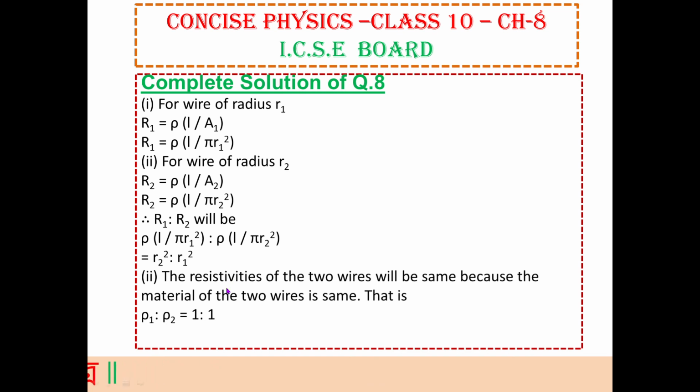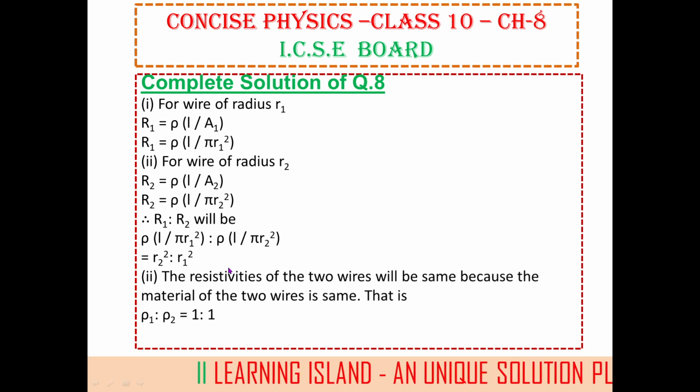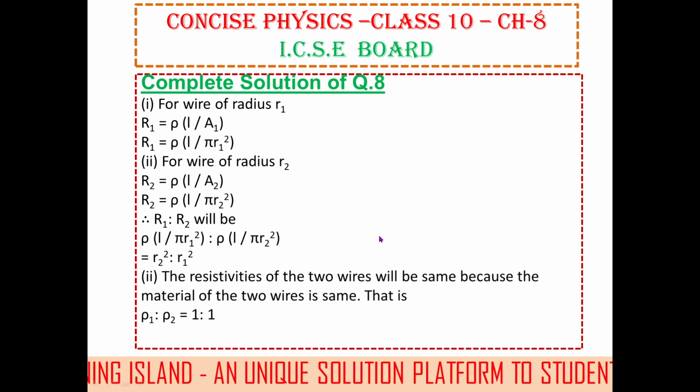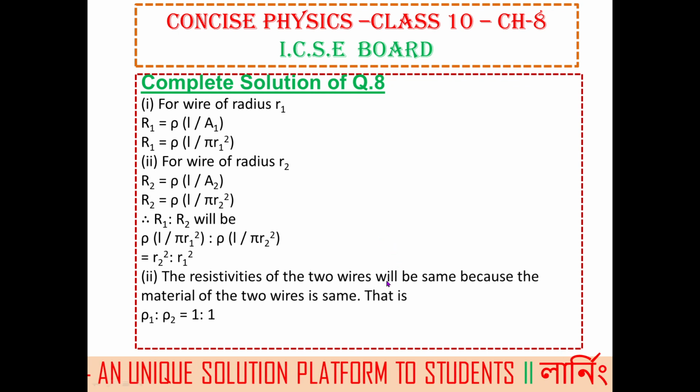So finally we have got this 4 is to 1 here, and the ratio of rho 1 and rho 2, that is the resistivity or the specific resistance, will be 1 is to 1. I hope this is clear to all of you.